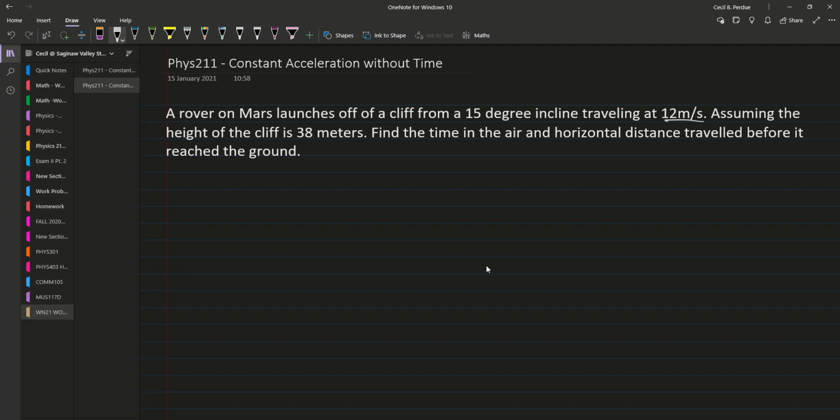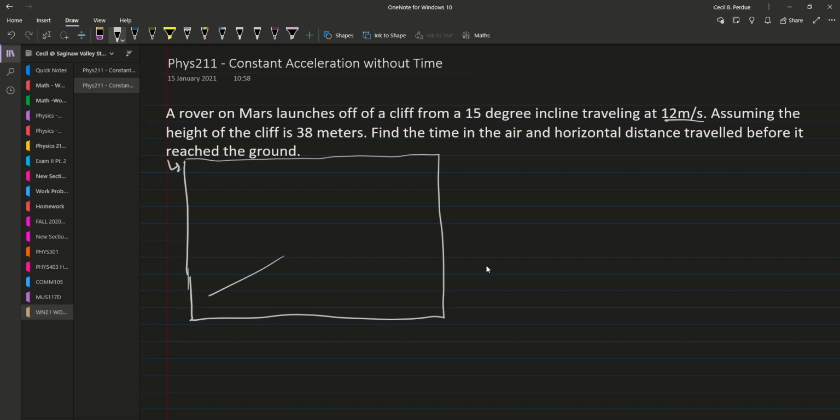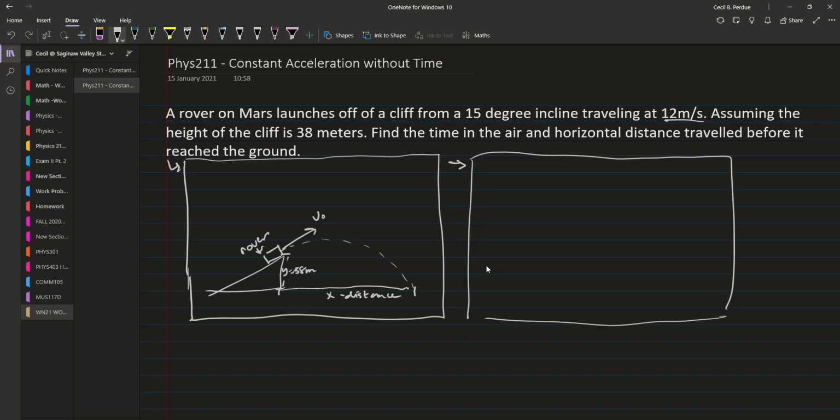In order to do anything, first I want to make a drawing of exactly what's happening. I'm going to make another diagram. So if we look, we're going to see that the degree that V0 is from being on the level ground is going to be 15 degrees because of the 15-degree incline, which we'll call theta.